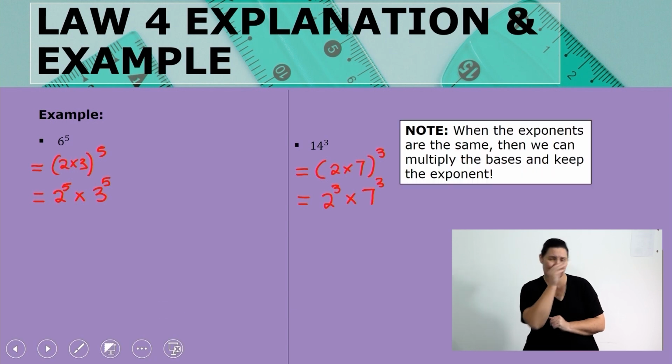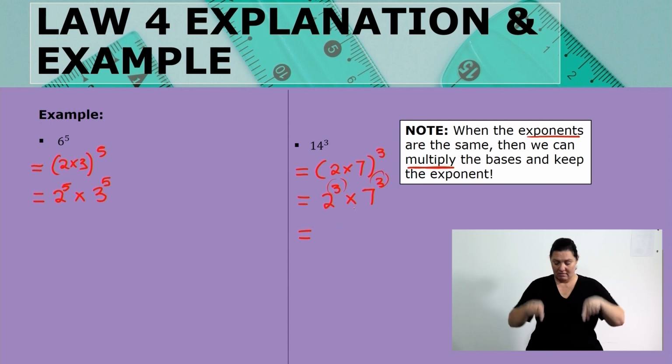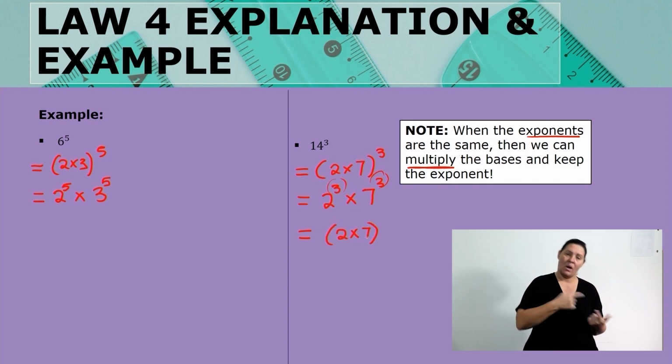Now please take note here that when the exponents are the same, then we can multiply the bases. Because the exponents are the same, we can multiply the bases, and that takes us back to 14 raised to the exponent 3.